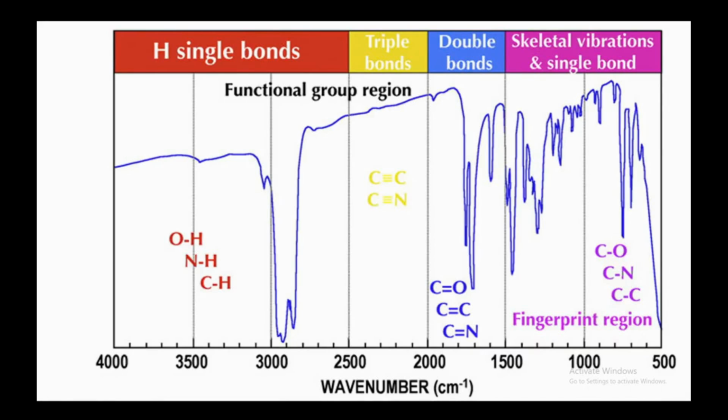So this is the IR spectrum and these are the main regions. This is the classification. If you keep this picture of the IR spectrum in your mind, you can possibly assign the peaks to different bonds and interpret the IR spectrum.